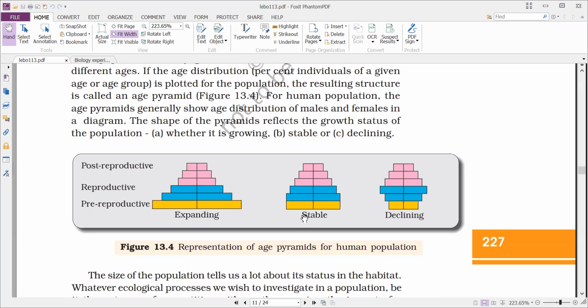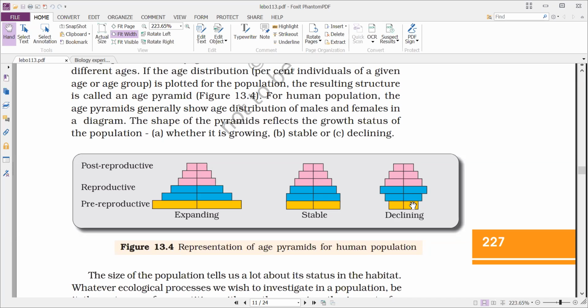And next here we can see the pre-reproductive and the reproductive age people are a little bit maintained. So that's why the population is also stable here. But here when you observe the declining one, the pre-reproductive age people are very less, because these pre-reproductive age people later convert to reproductive age people. So when they come over there, the population will be gradually decreasing.